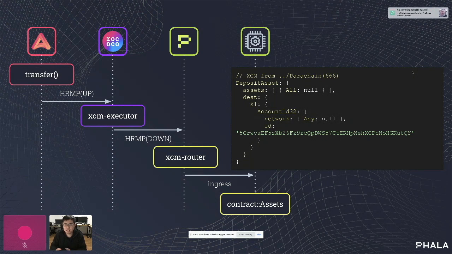The destination is an account in the Phala network space. When you send some token from one parachain to another parachain, you can send the token from your own account to also your own account on another blockchain. But you can also specify some other accounts for sure.